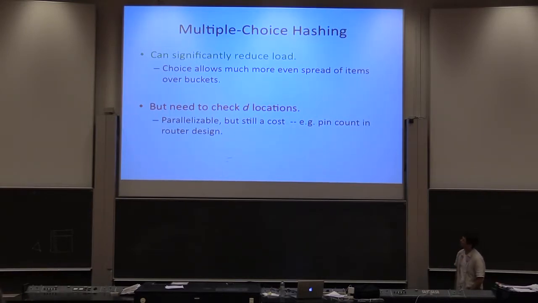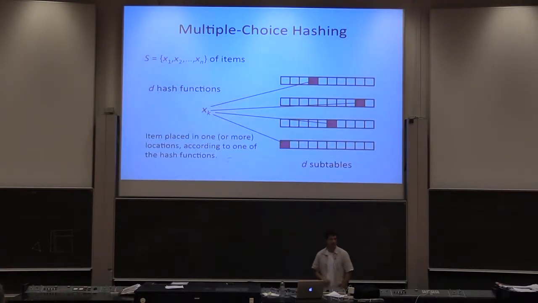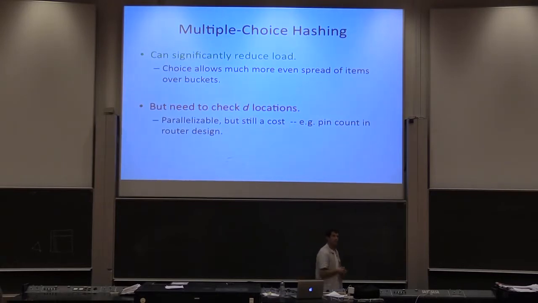You can significantly reduce the load, but now you have to check d locations. If we think of this as a split hash table, which is maybe more natural in a hardware setting, then you can make those d choices parallelizable. So you're not necessarily paying a time cost for having to access those d locations, as long as you can do them in parallel, but it might come with some other associated costs.